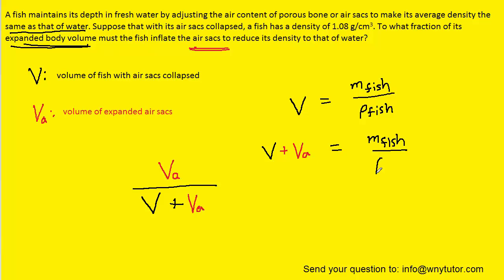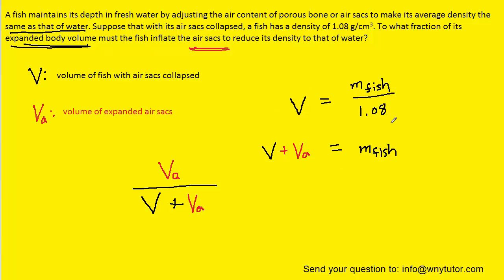So we can actually put the density of water into this equation. Now, the density of the fish with its collapsed air sacs was given as 1.08, so we can fill that in here. And then the density of water is 1 gram per centimeter cubed, so we can fill in 1 here. And of course, since we're dividing by 1, we can actually just get rid of it.